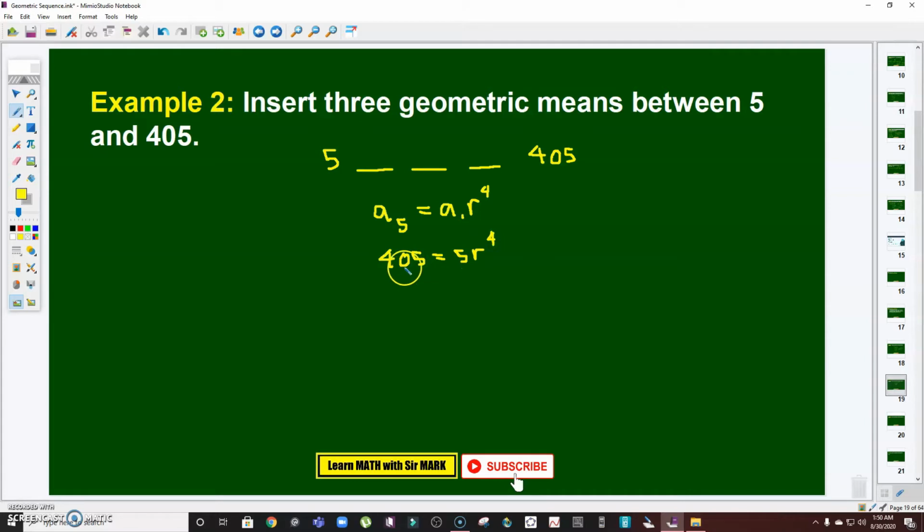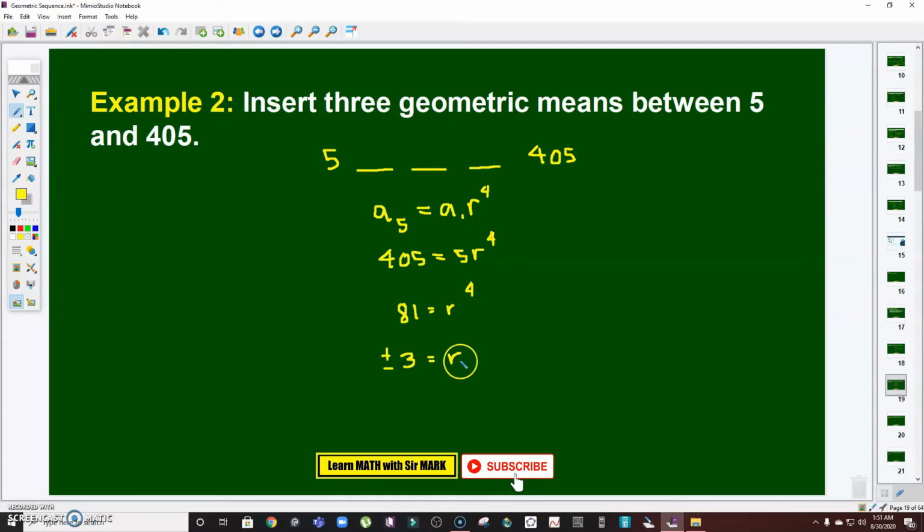And we all know 405 divided by 5 will be 81. There you go. That's it. So get the fourth root of 81. This will give us plus or minus 3.